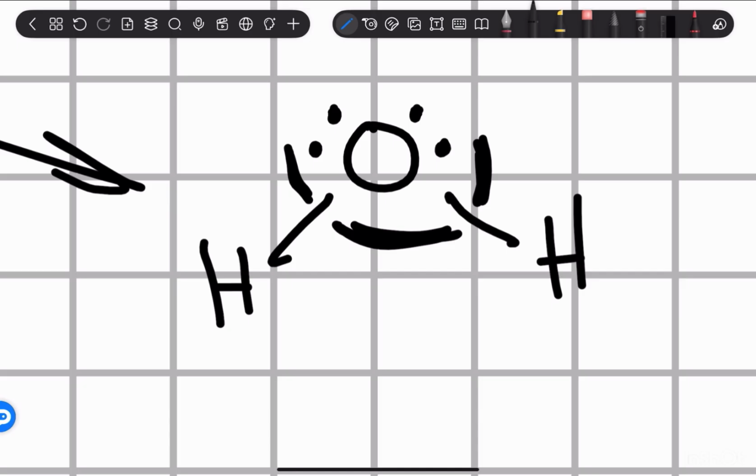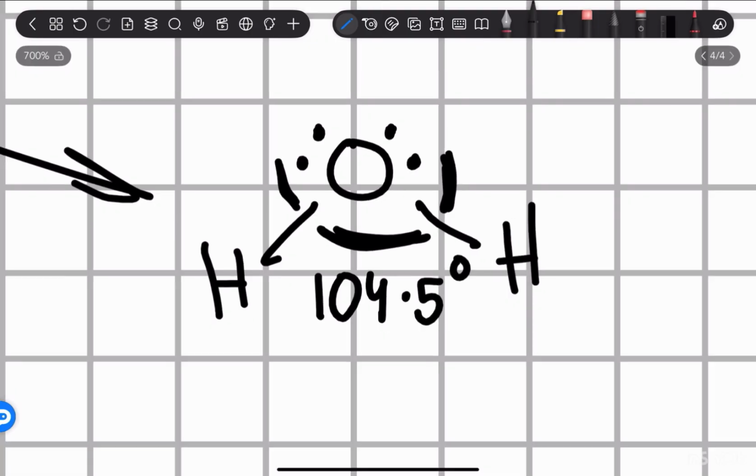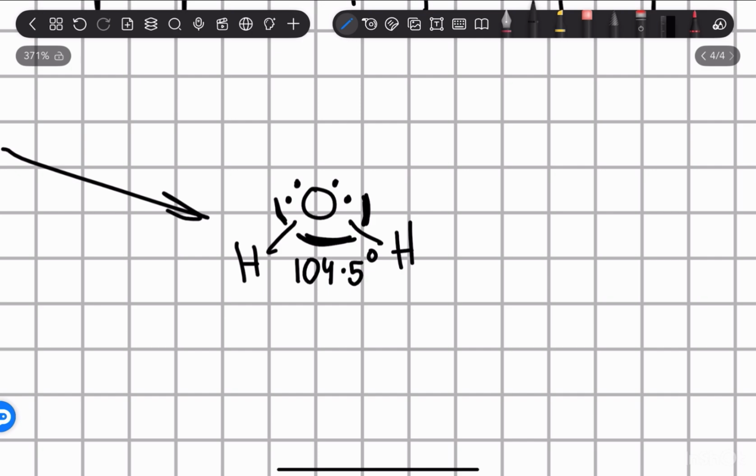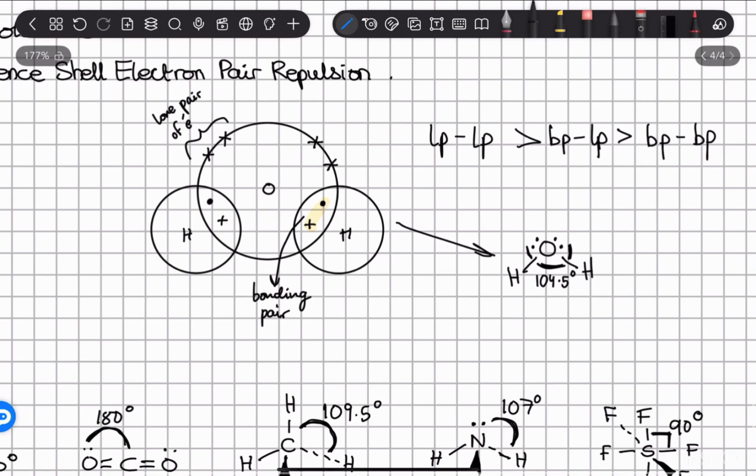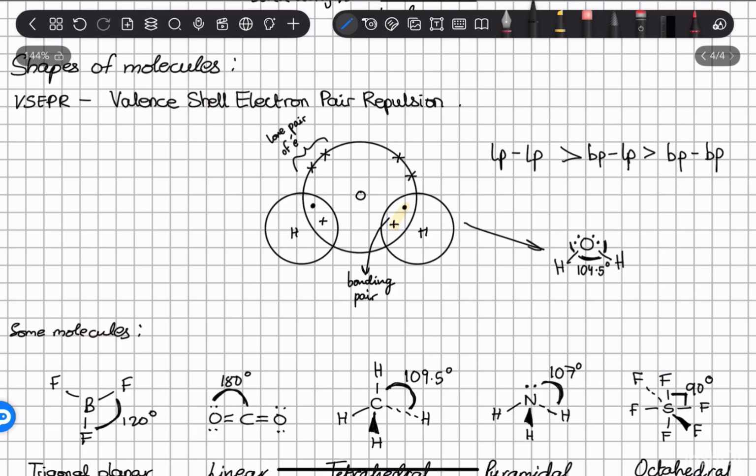But for water, we usually measure the bond angle between the two hydrogens, and that is determined to be 104.5 degrees. That's how water is. And this gives water so many unique properties that I'll talk about in the next video.